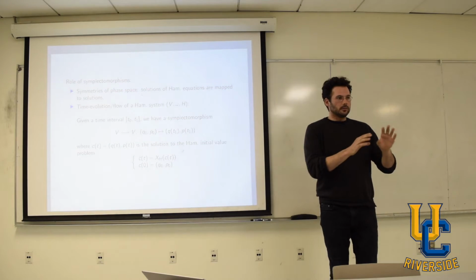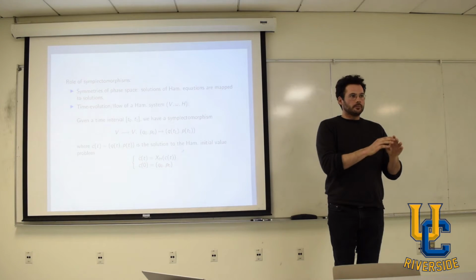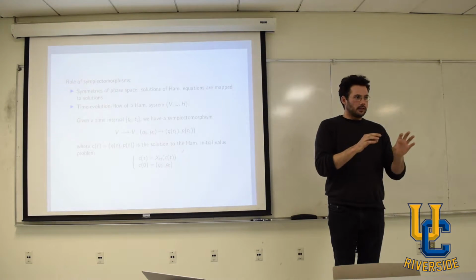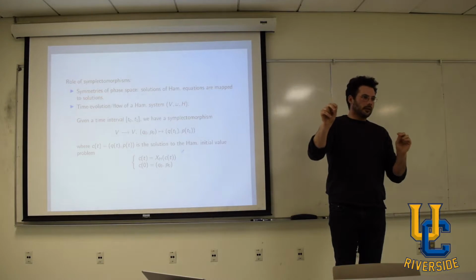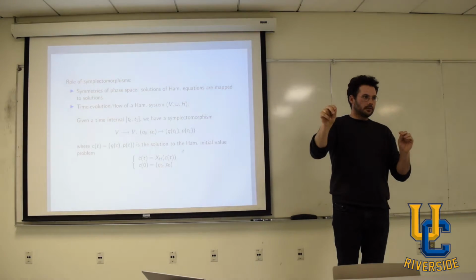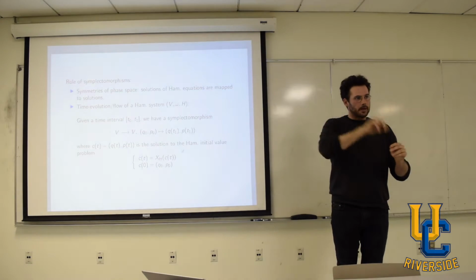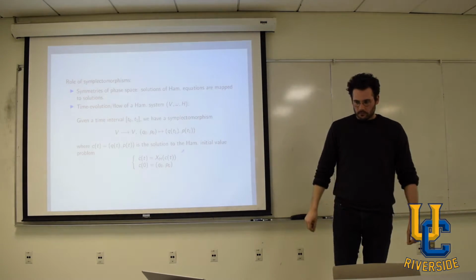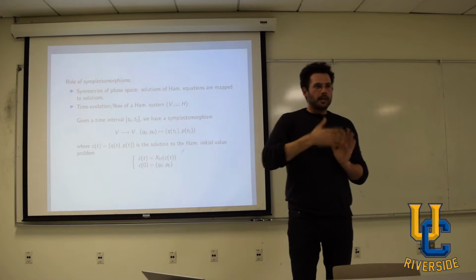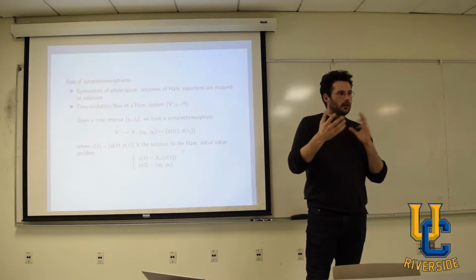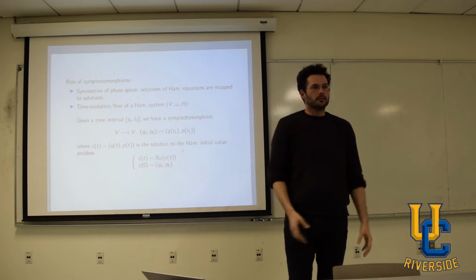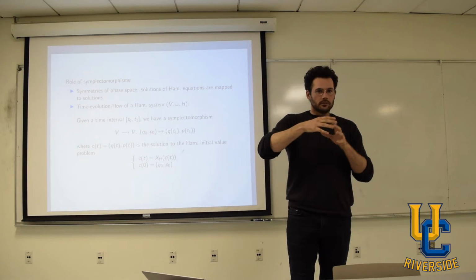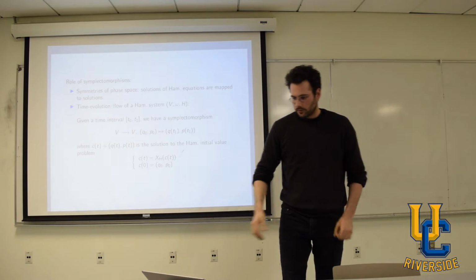We're going to assume that that's always possible here. And that will give me some curve that starts at this point, and at time t1, I'll land somewhere else, which gives me another point in phase space. So I've gone from one point to another. That map will be a symplectic morphism. So this describes how the system evolves in time. In the good cases, we'll get a whole one-parameter family of symplectic morphisms.